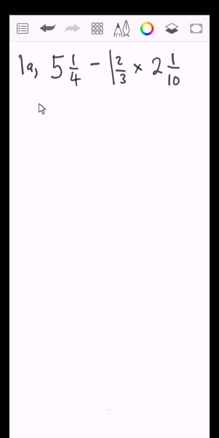Saka tinozviita sei? This is going to be equal to, tichati 4 times 5 ndi 20 plus 1, that is 21/4, minus 3 times 1 ndi 3 plus 2, that is 5/3, times 10 times 2 ndi 20 plus 1, inobva 21/10.